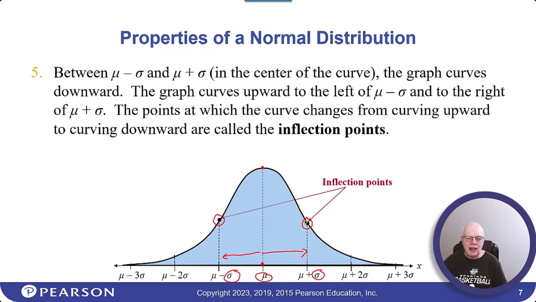If you look carefully, it starts leveling off. It never levels off totally. In the other direction, the same thing happens. It gets steeper and steeper and steeper until it gets to the other inflection point, at which point it starts to level off. Those are the inflection points. We'll not talk about that too often, but that's just something that can connect you with some of your algebra background.